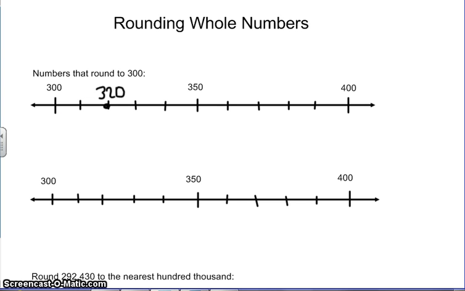Another number that might round all the way down to 300, let's say right about here would be 335. It would still round down to 300 because look at its jump compared to the big long jump of 400.